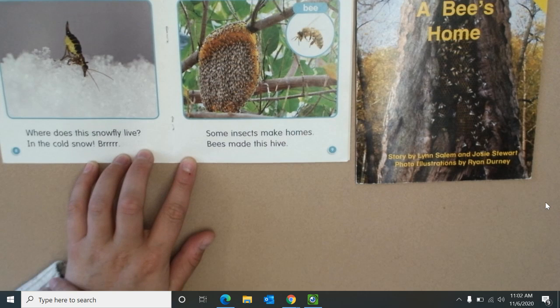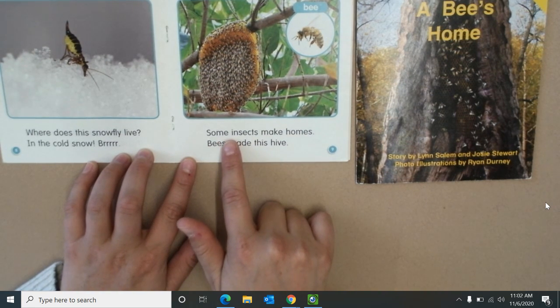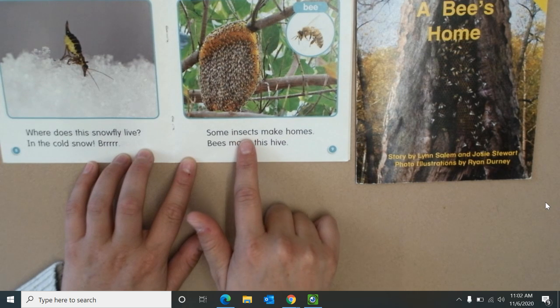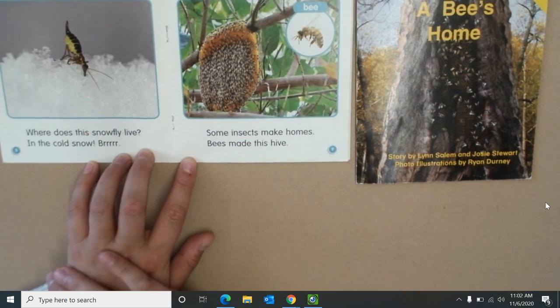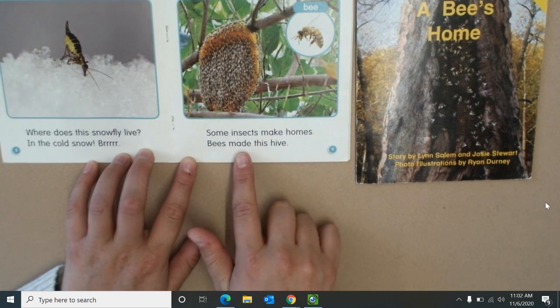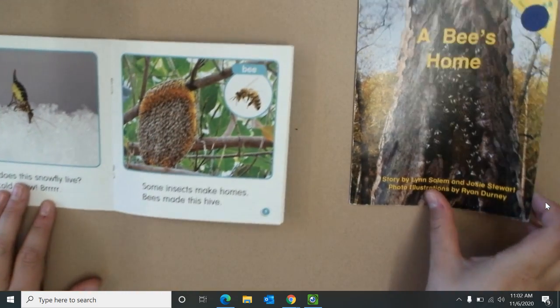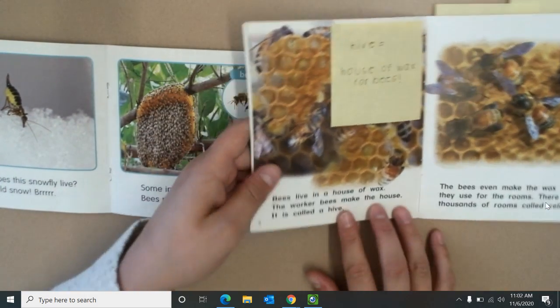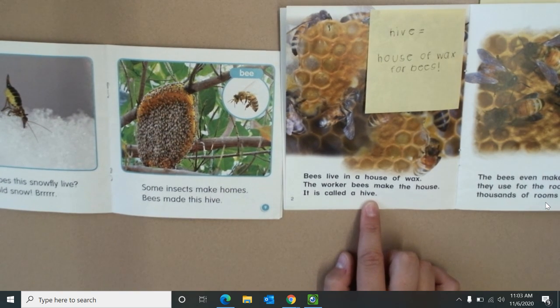Let's read this page together. Some insects make homes. Bees made this hive. Oh, the word hive. I remember that word from this book. There it is. It's called a hive.